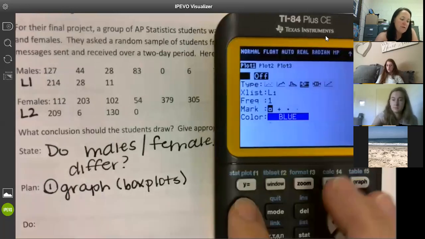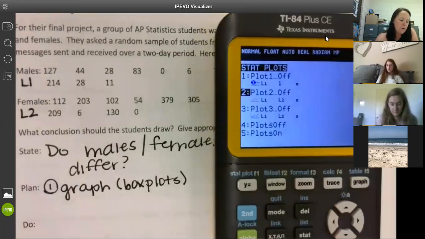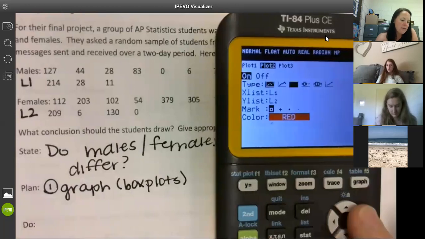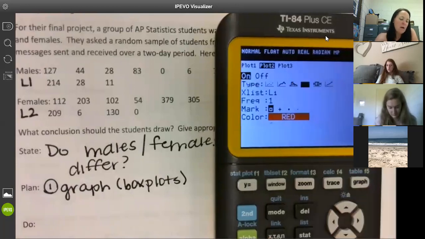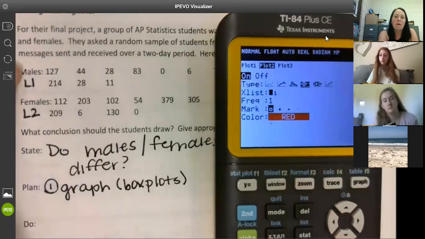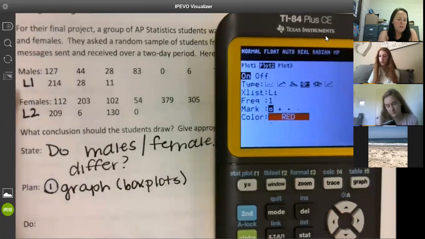So go back into second Y equals. Turn your plot 2 on and make sure that it's a box plot. However, look at this. Where did my list come from? L1. Which one was L1? L1 was males. I already did that one. So what do I need to do? Change it to L2.